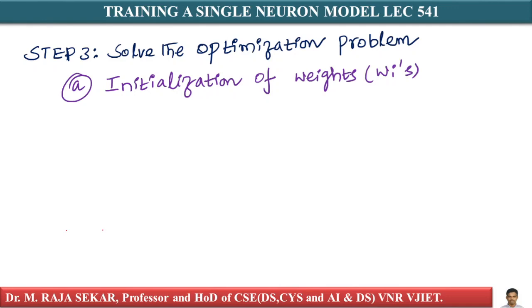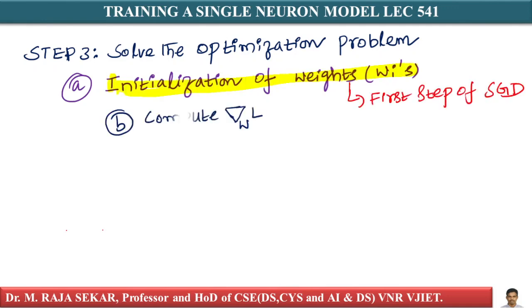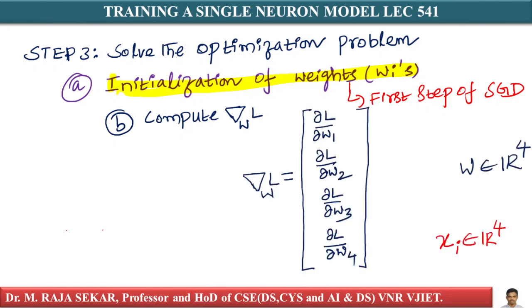Of course, this is a very active area of research. Next, compute the derivative. What is the derivative? Del of L with respect to W. So here it is the vector derivative: dou L by dou W1, dou L by dou W2, dou L by dou W3, dou L by dou W4.